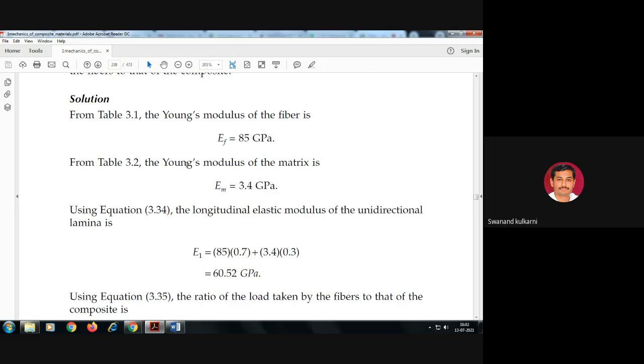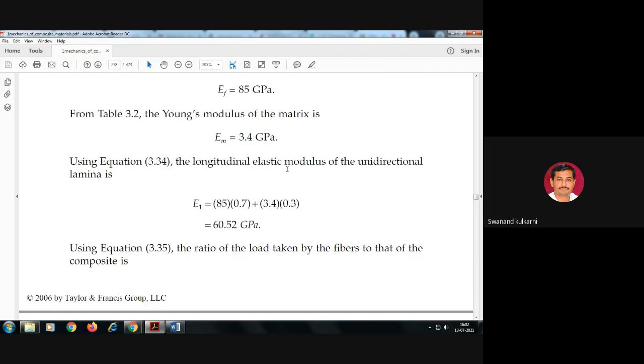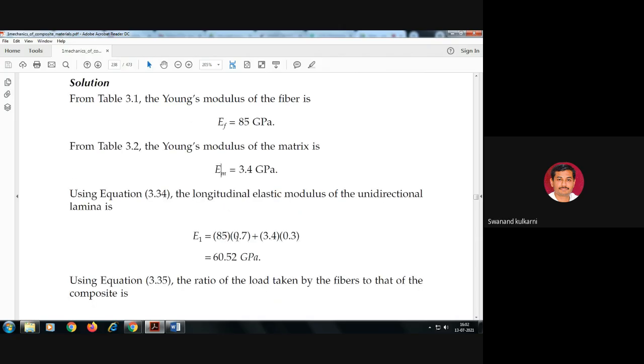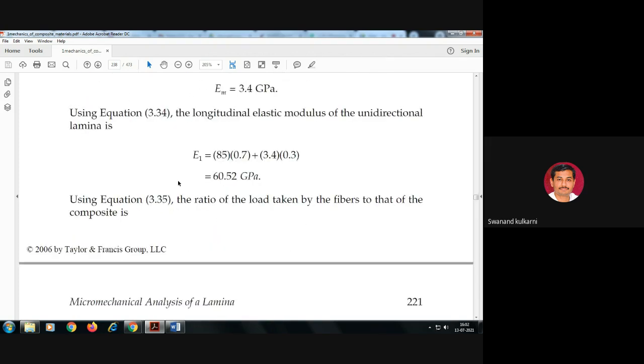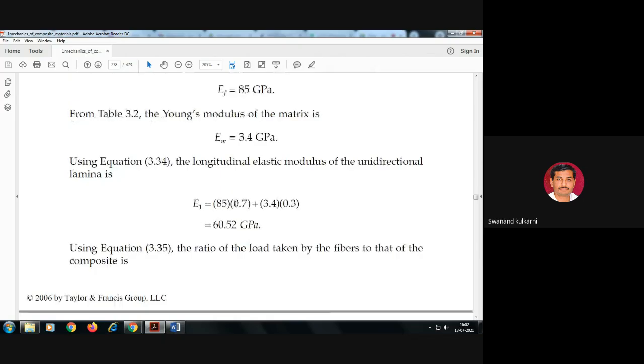Is it okay? Then with this, the longitudinal elastic modulus of unidirectional lamina, which is E1, is equal to EFVF plus EMVM. As here it is mentioned that 70% fiber volume fraction, that's why 70% is converted as 0.7 here.